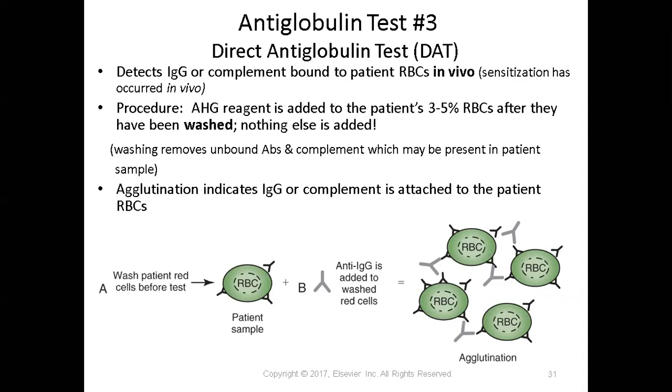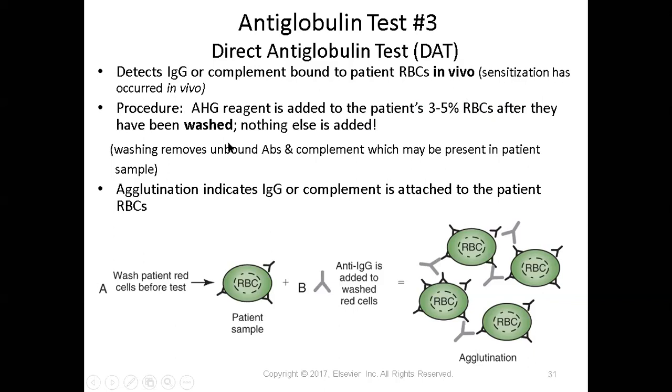We're not doing anything in our test tube. We just want to find out if this sensitization has occurred in vivo in this person. Okay? So we add AHG reagent to our patient's 3 to 5% red cells after they've been washed, and that's it. We don't add anything else because we want to see if these red cells have something attached to them. Okay?